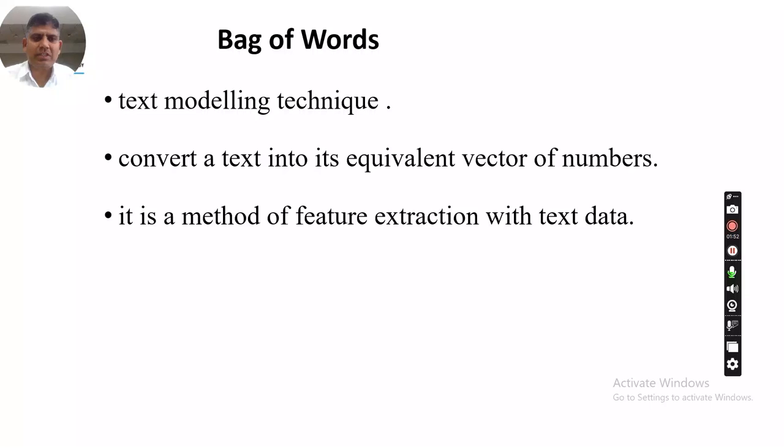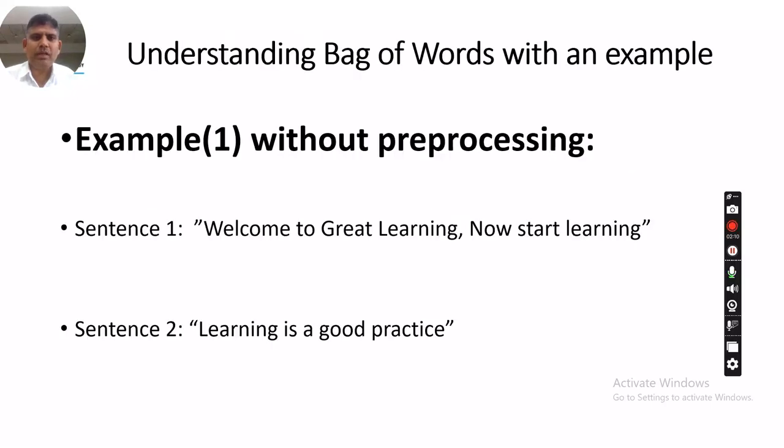Bag of words is nothing but a text modeling technique. As I told in the earlier slide, this technique converts the text into its equivalent vector of numbers, and it is a method of feature extraction with textual data. Now we will try to understand this bag of words technique with the help of a simple example.